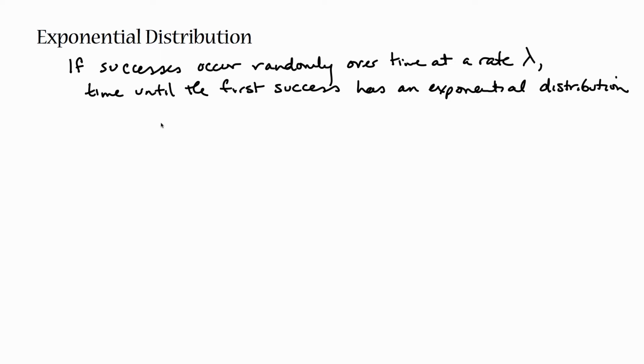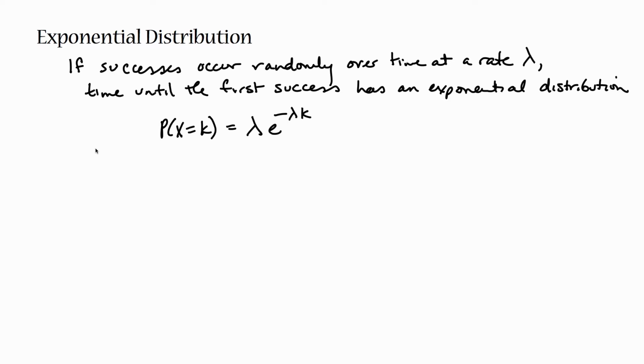The distribution is given by the probability density function. The probability that x is equal to k is going to be lambda, the rate of successes, times e to the negative lambda times k. If I'm talking about death rate, this is the probability that I die at time k: the mortality rate times e raised to the negative mortality rate times k.